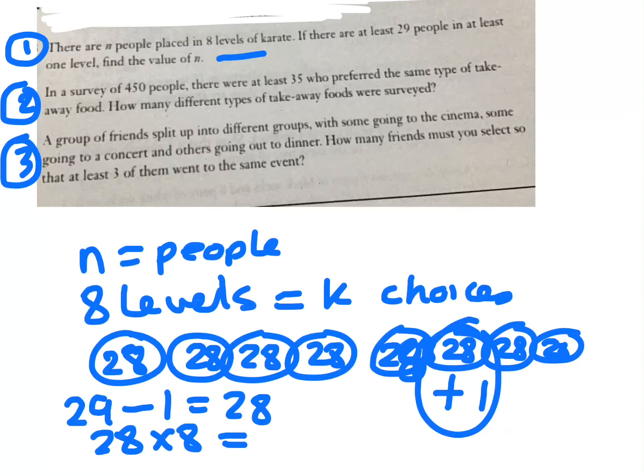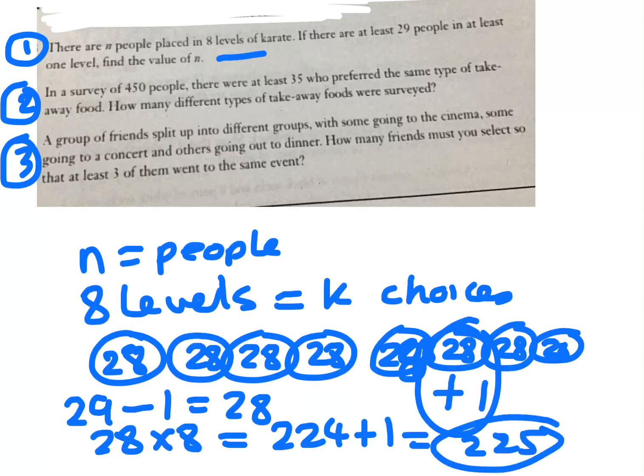So that would be 28 times 8. You end up with 224. Add 1, 225. So there'd have to be n equals 225.